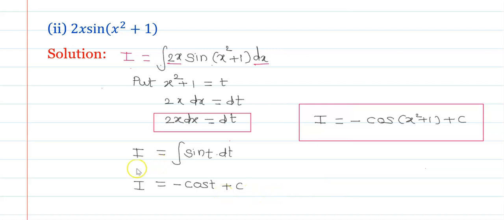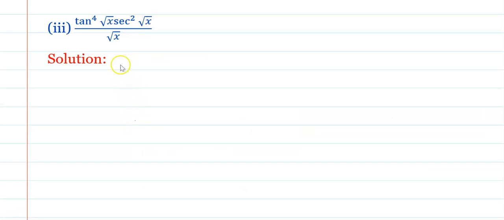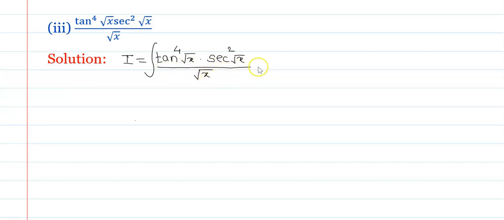Now the next problem. I will write here, I is equal to the integral of tan of root x raised to 4 into sec square root x, divided by root x into dx.